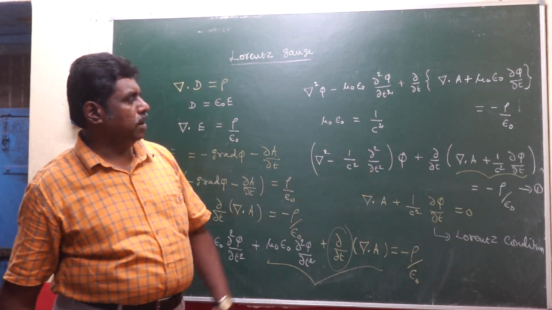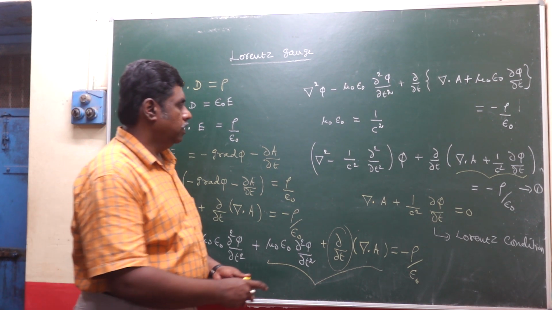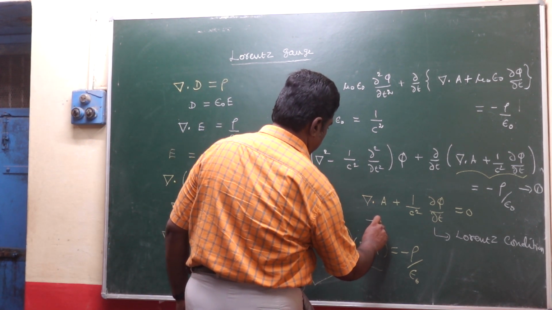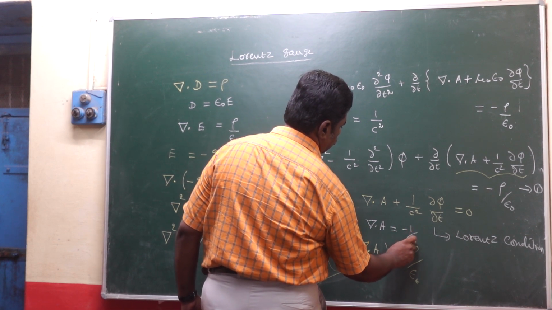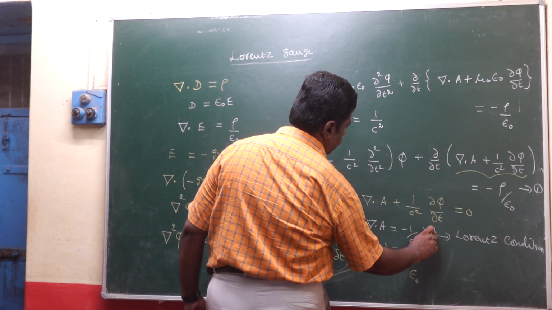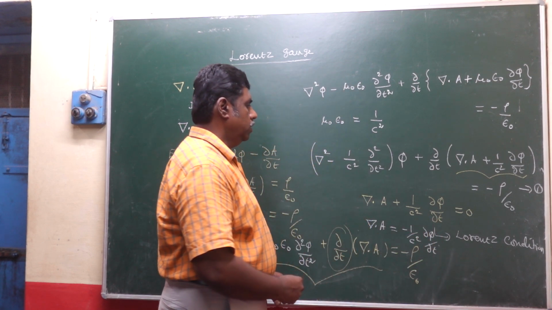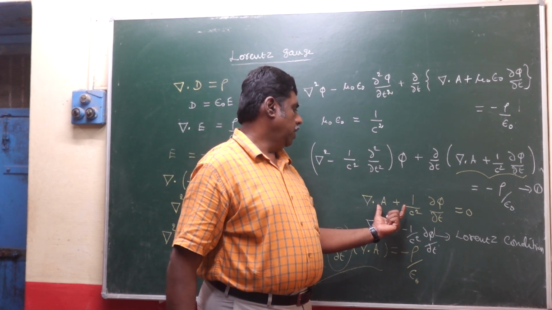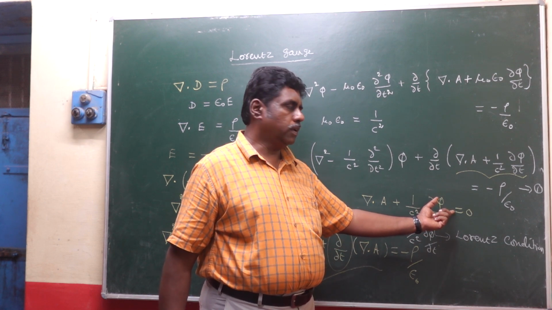If equation 1 satisfies the Lorentz condition, that means del dot A equal to minus 1 by c square dou phi by dou t. This is our Lorentz condition. See here, div A plus 1 by c square dou phi by dou t equal to 0. This is our Lorentz condition.